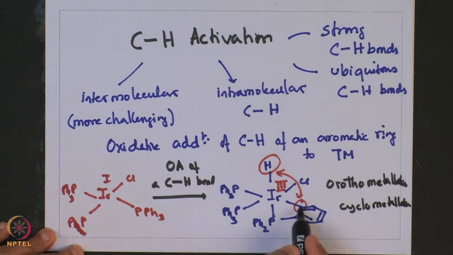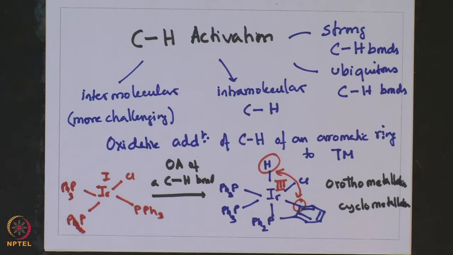Orthometallation because the CH bond ortho to the aryl ring gets activated and makes a metal carbon bond, and cyclometallation because a cyclic ring structure is formed that contains a metal carbon bond as a part of the cyclic ring.